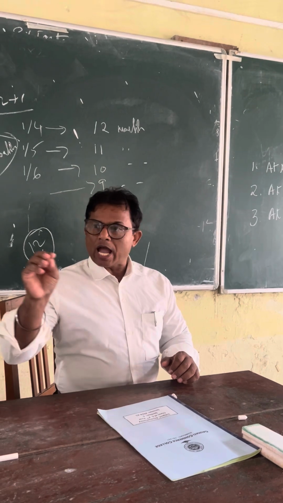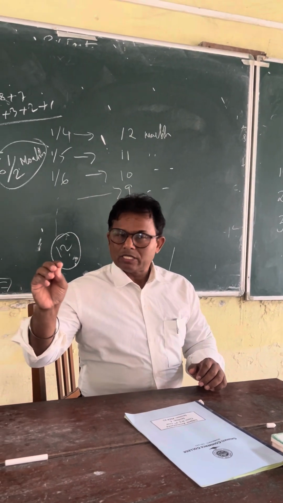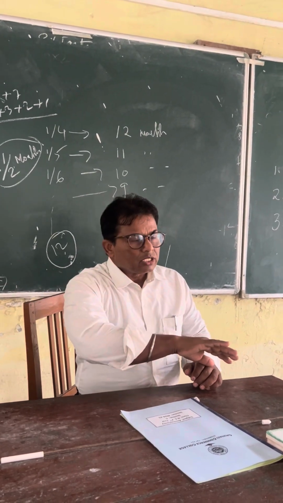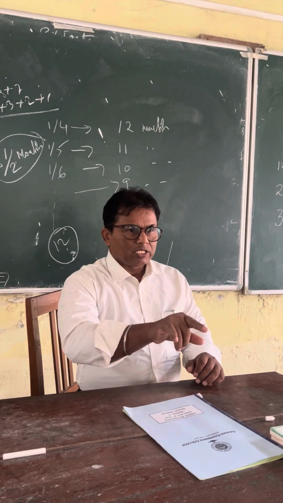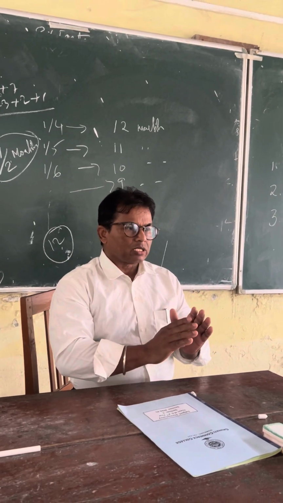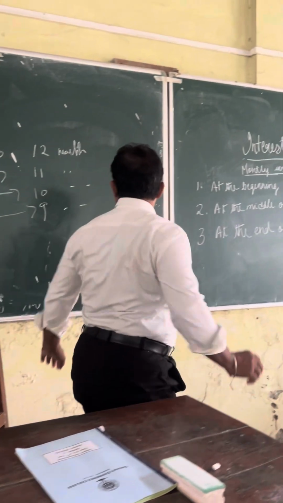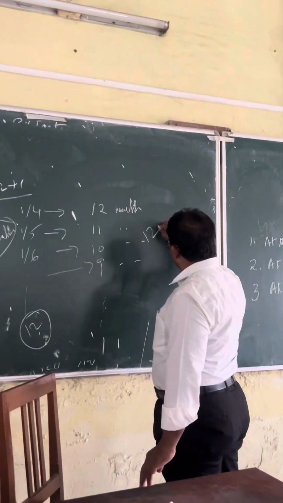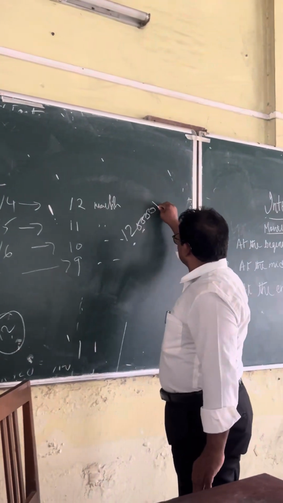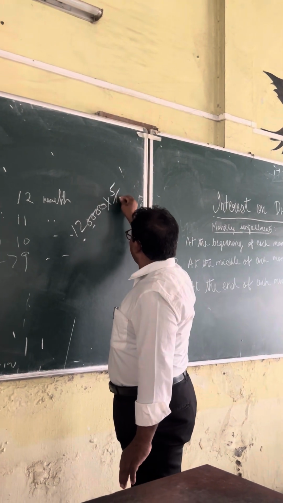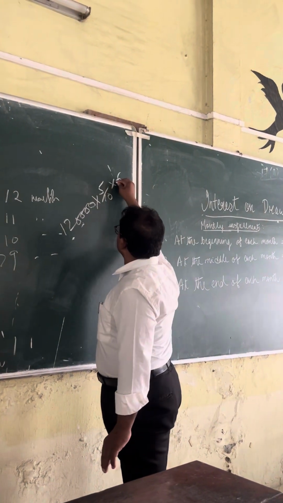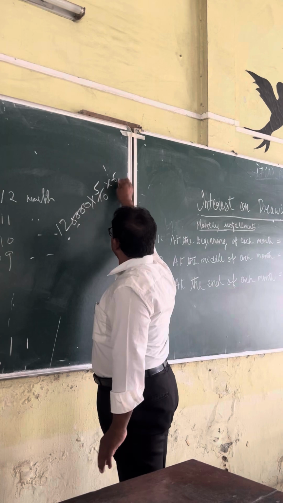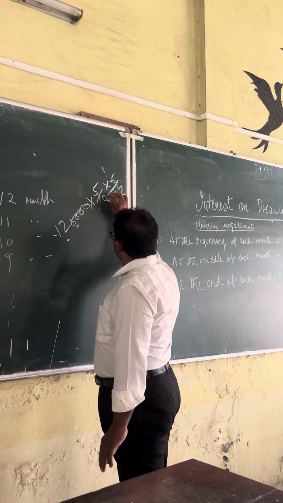How? 10,000 every month at the middle of each month. So 10,000 into 12 is 1,20,000. On the total 1,20,000, you shall calculate 5 upon 100 into 6 upon 12. This will be the interest.